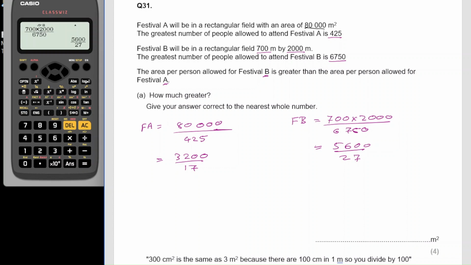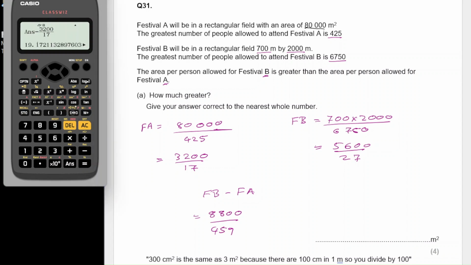We're going to have to do Festival B minus Festival A. So we want to do this value minus 3,200 over 17, which gives us 8,800 over 459. So to the nearest whole number, that's 19.172... so 19.